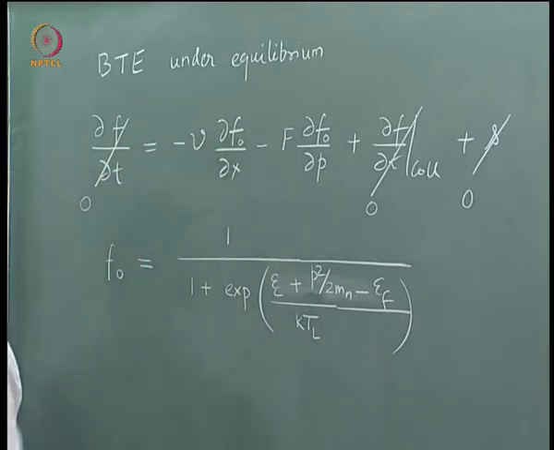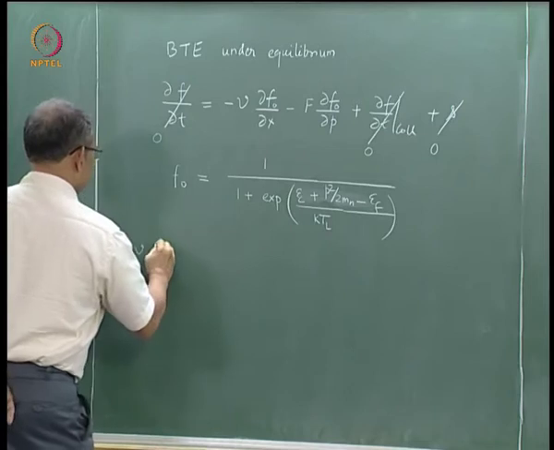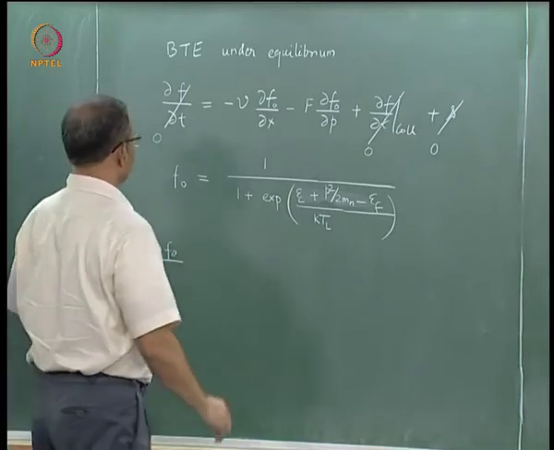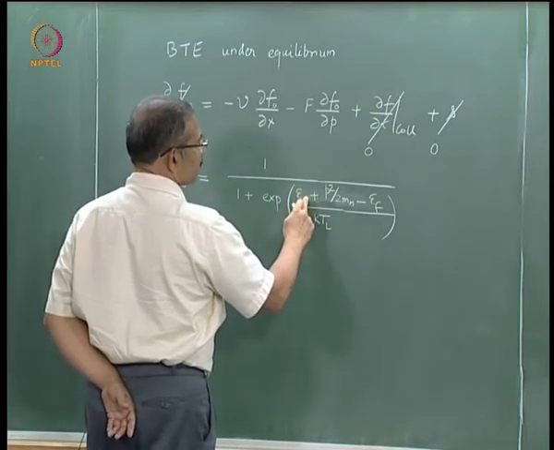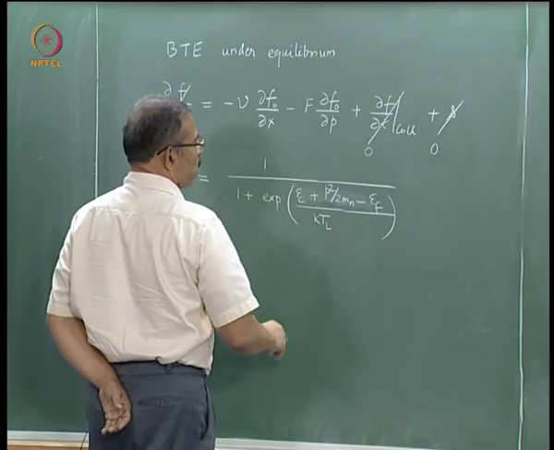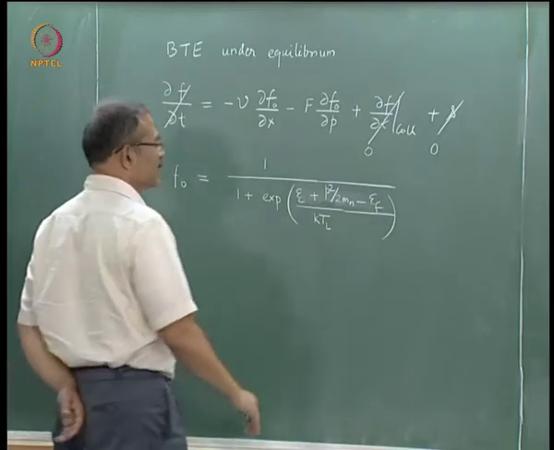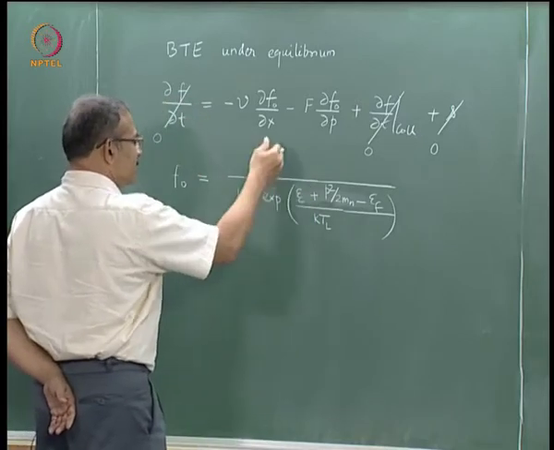So let us substitute and see what equation we get. So we get v into now dou f naught by dou x. Now here this EC is a function of x, okay. Now EF we can assume to be a function of x and later on get that it is not a function of x, whatever. Now this EC is appearing in this exponential which is in the denominator.